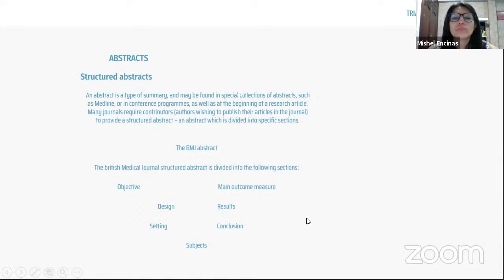This is an example. Many others can vary a little bit. Maybe one of them doesn't have, for example, subjects, but most of them have the same sections.